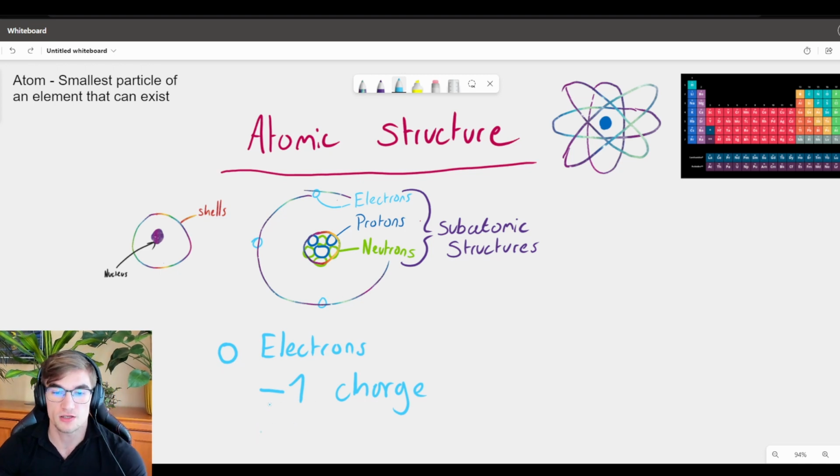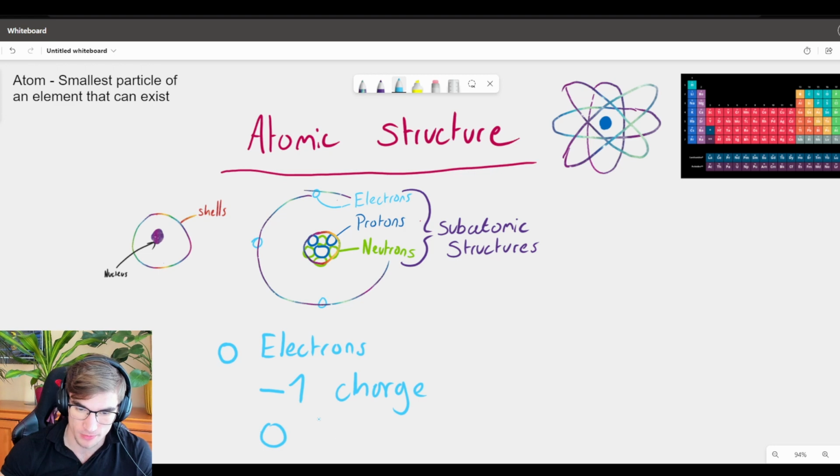By the way, in chemistry, we use the word mass for weight, so whenever I say mass, I'm basically saying weight. So the mass of electrons is basically 0, but we shouldn't say that. Obviously, it does have some kind of mass, and the mass is 1/1840.